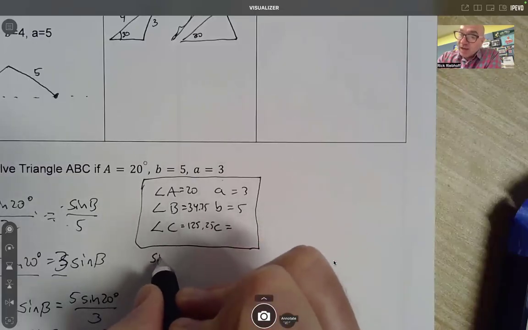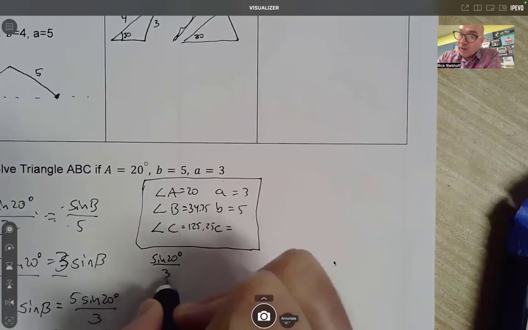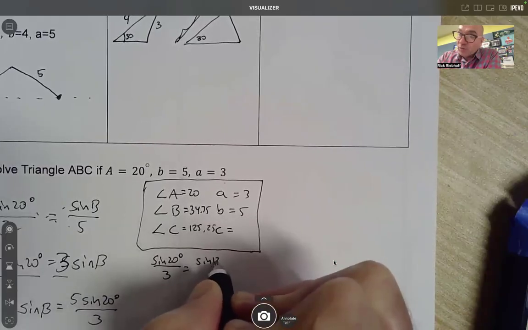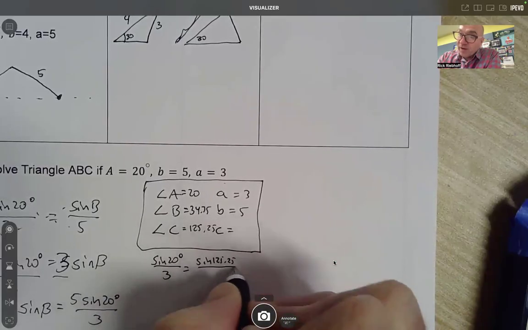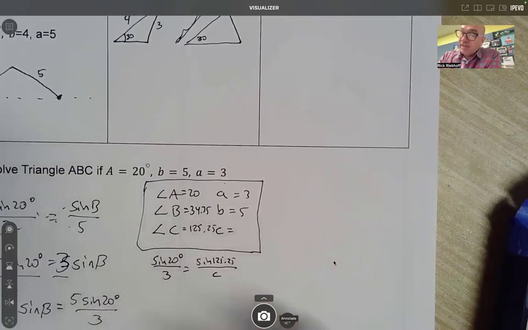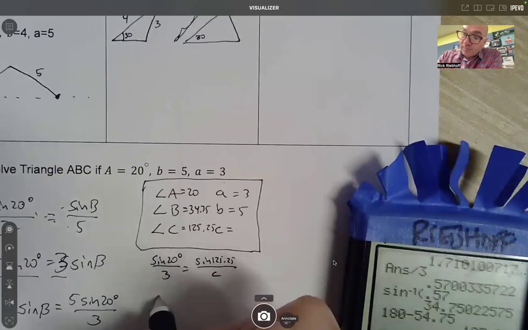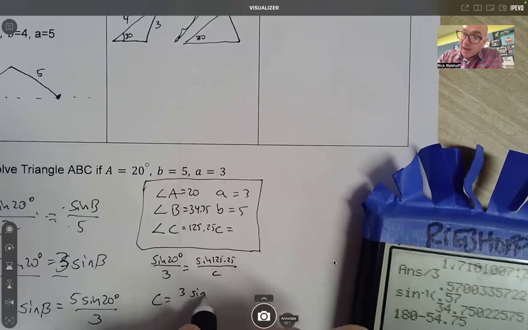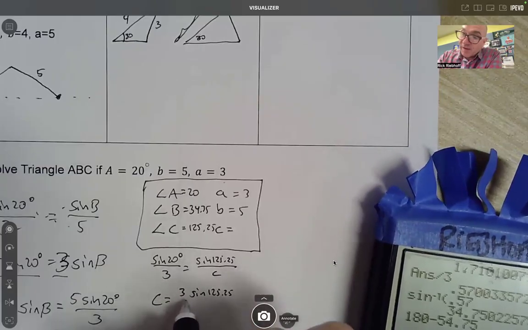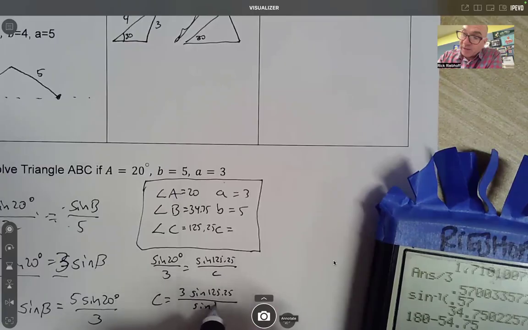So we got sine 20 over 3 is equal to sine 125.25 over C. So C is going to equal 3 times sine 125.25 over sine of 20.